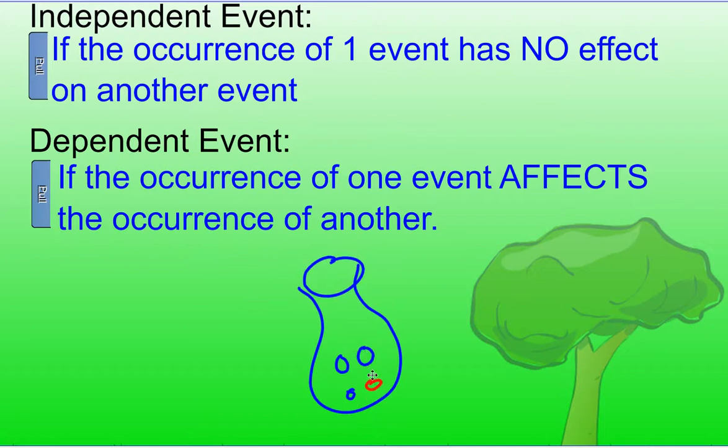Probability of getting a blue marble right now would be 3 out of 4. If I pick out a marble, now it would be 3 out of 3. So the fact if I take this marble out and I leave it out, that changes the probabilities of everything else in that bag. So that would be dependent. The second event depends on what happens the first time.